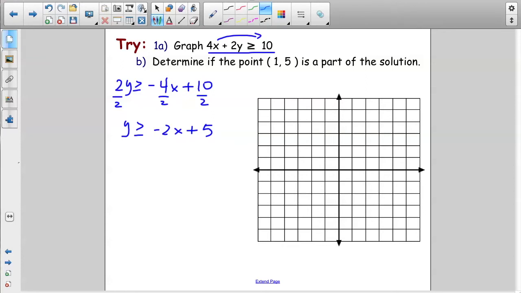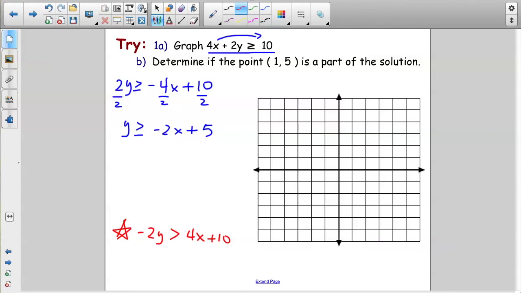Now I'm just going to bring up a point before I forget, because it does pop up sometimes. So here's a really important thing. I'll put a star. If I had a negative 2y, say, greater than 4x plus 10. All right, say I had something like that.